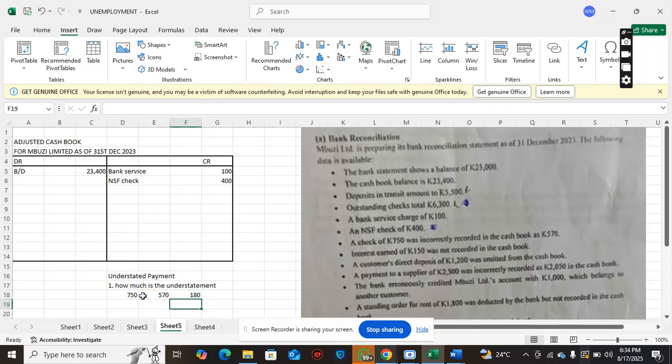Okay. So where will this go in the cash book to correct this error? This 180. Don't put the 750 here. What would that imply if you just put this 750? They say, oh, it was incorrectly recorded, let me just put 750.